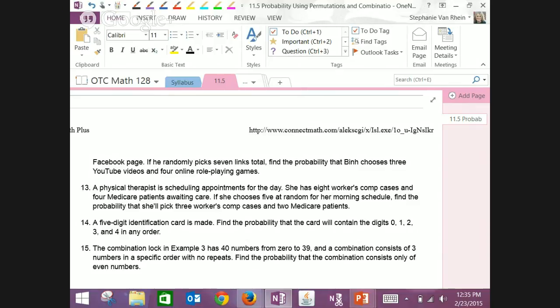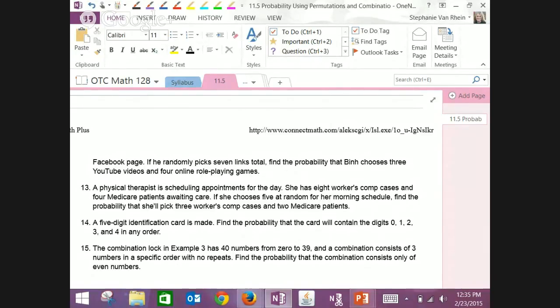So here you're looking for the specific instance that you're picking 3 worker comp and 2 Medicare out of your total of 5 you're picking from. Same setup, box, box divided by box. How many do you want from this category? How many do you want from this category? And how many total do you have? And how many of those do you want? Make sense? Kind of seeing a little bit more of the problem.